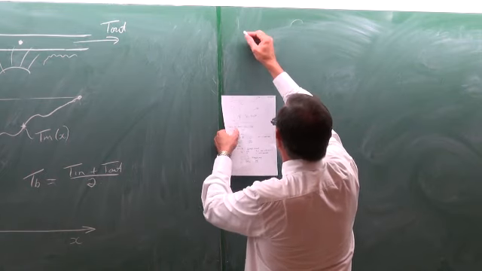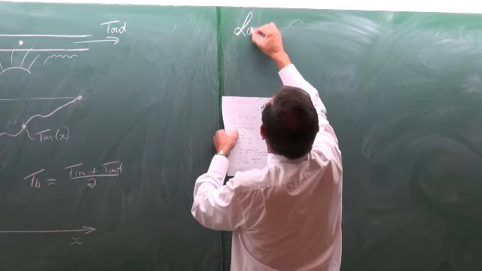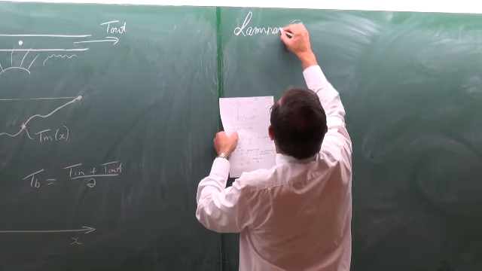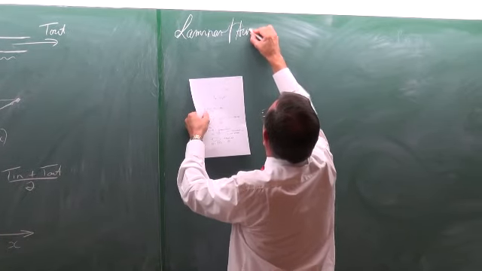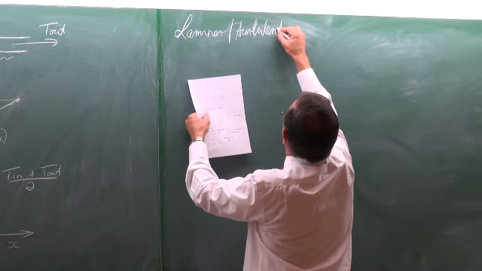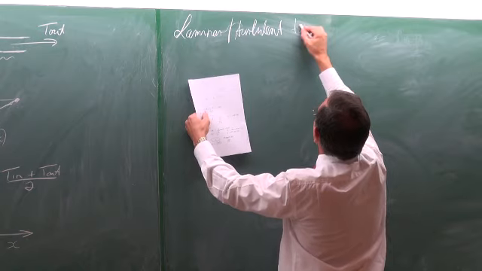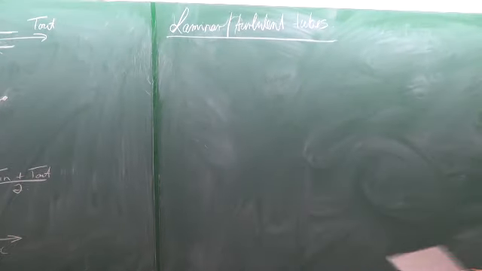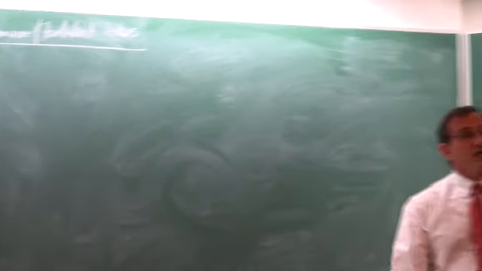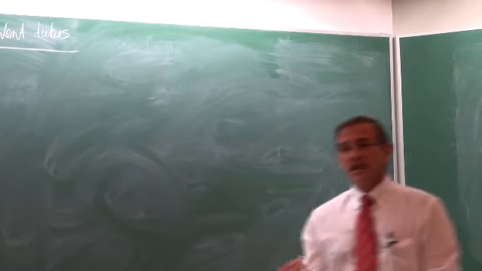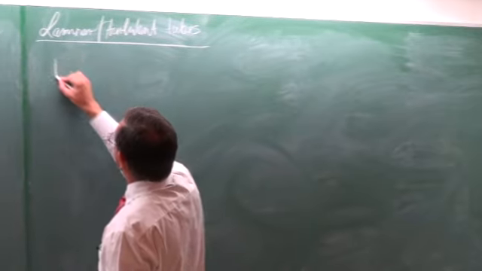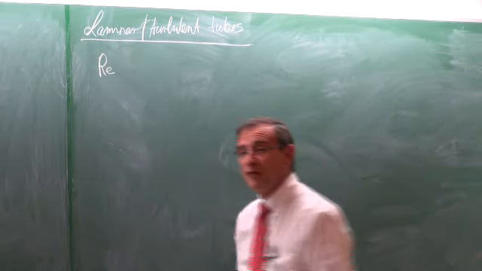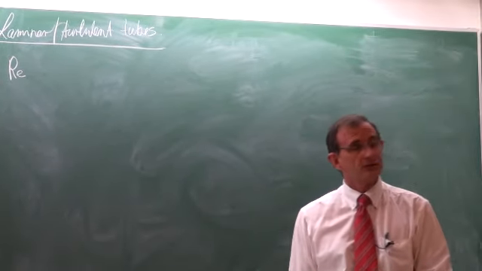Now laminar and turbulent flow. Laminar and turbulent flow in tubes is the next section. And we've already discussed it, saying that we use the Reynolds number to tell us if the flow is laminar or turbulent.